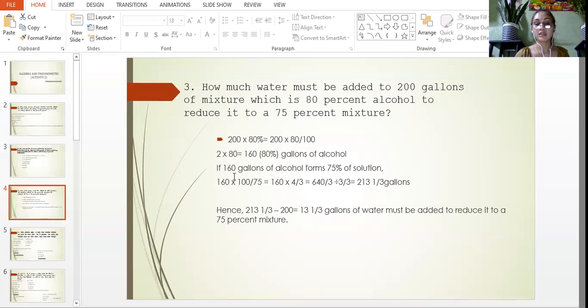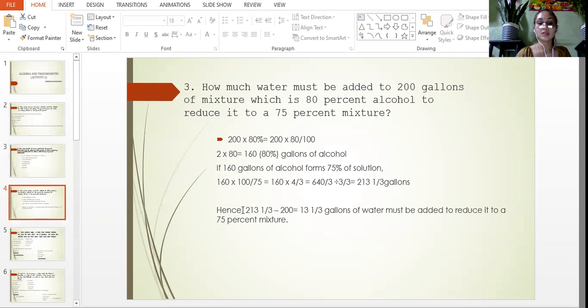So if 160 gallons of alcohol forms a 75% solution, then 160 times 100 over 75 is equal to 160 times 4 over 3 is equal to 640 over 3. So it equals 213 and 1/3 gallons.